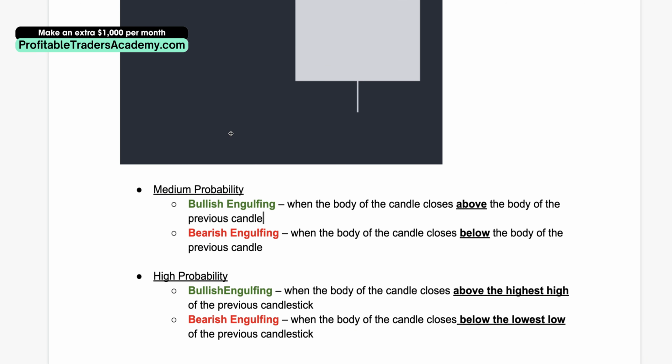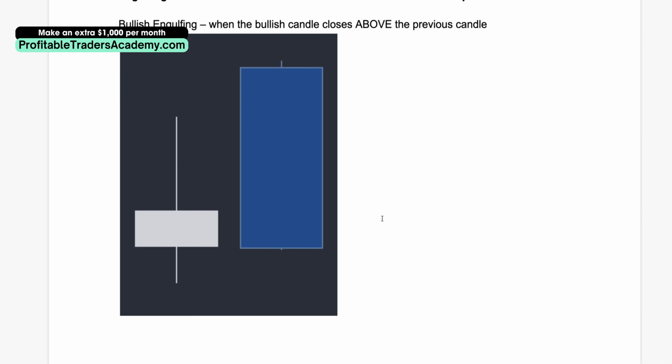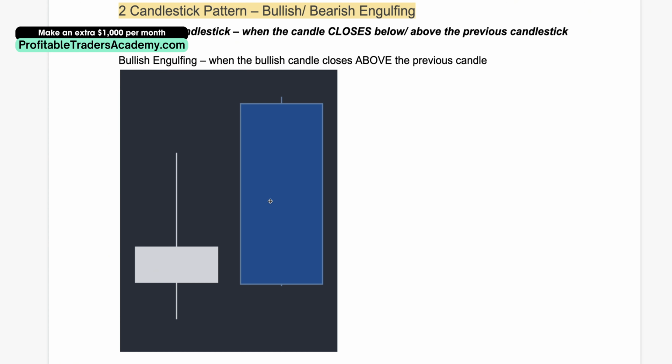So next we have high probability engulfing candlesticks, and the bullish variation is when the body of the candle closes above the highest high of the previous candlestick. So remember up here, this was an example of a high probability engulfing candlestick, mainly because the body of this candlestick closed above the highest high, which is this tip here, of the previous candlestick.